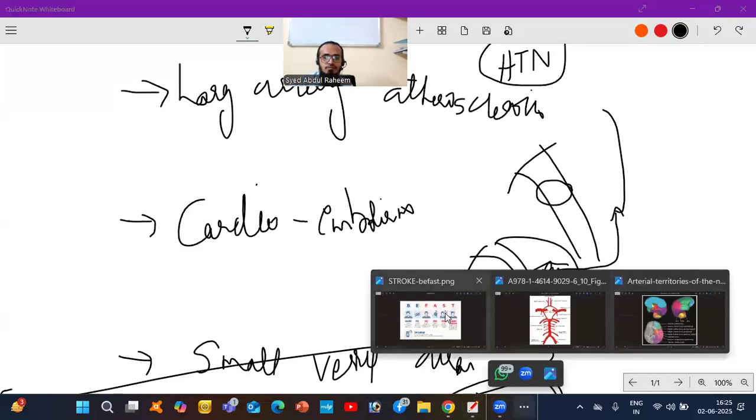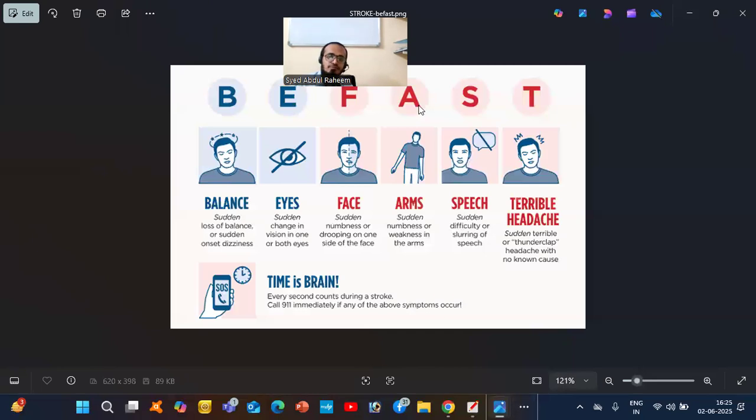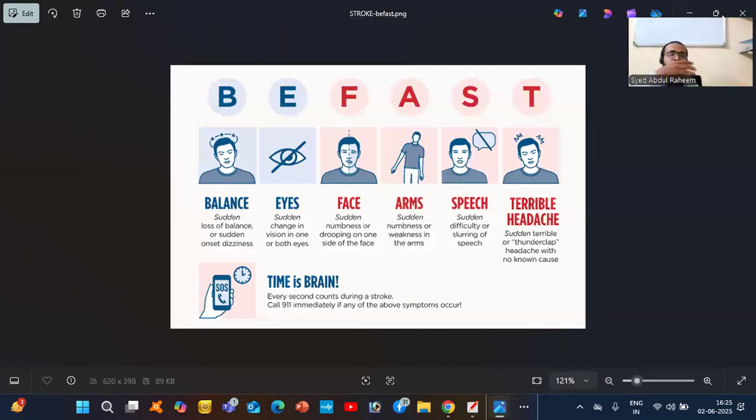Whenever a patient has any type of stroke, it may be hemorrhagic or ischemic, we have to look for these symptoms. That is known as BE FAST.